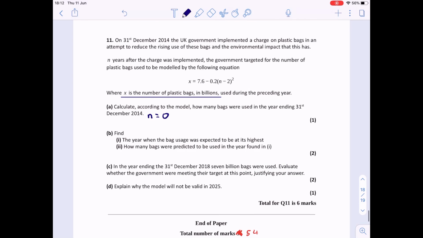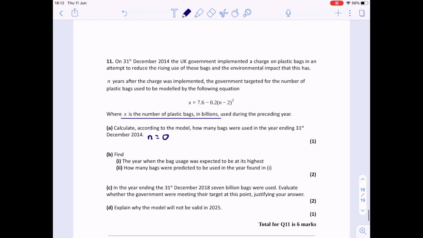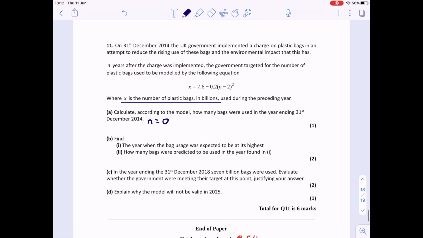Okay, let's move on to B. Find the year when the bag usage was expected to be at its highest. So this is actually modelled on a quadratic, and it's in the form of a completing the square form.